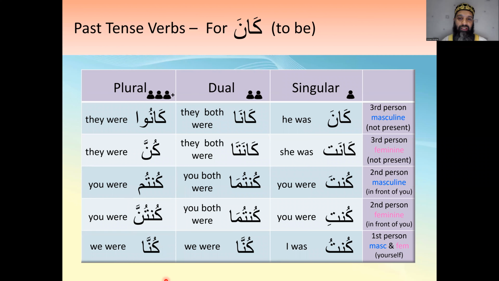Does every weak verb have its own adjustment? Many do, yes, they have their own adjustment. If there's an adjustment made, it has its own, but you can see for qala and kana, because they're very similar, the middle letter is alif, you can see they're very similar. You just put a dhamma on the front and the rest is all done. You have a difference here with kana, it becomes kunna, while the other one was qulna.